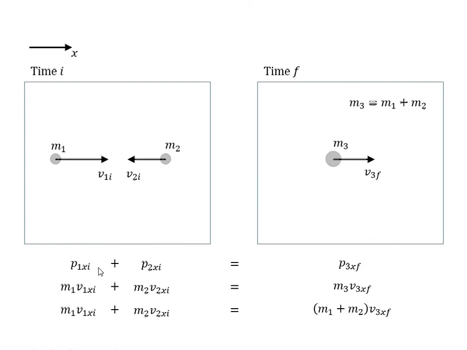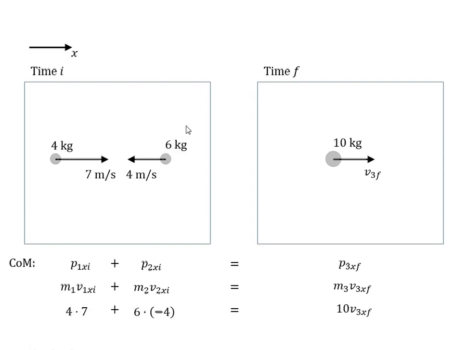Anyway, total momentum, we're going to add the momenta, and it'll equal the total final momentum, but that's just for the one object. And this is conservation of momentum, COM. I like the acronyms that appear in this chapter, or at least in my notes.